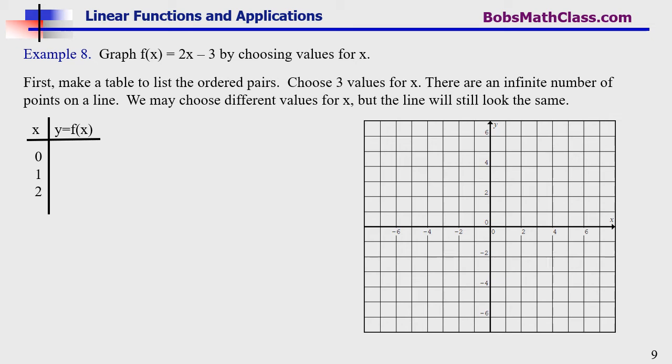All right, so let's choose 0 first. That means everywhere you see an x, plug in 0. So 2 times 0 is 0, and 0 minus 3 is -3. So across from 0, you should have a -3. Now plug in 1.